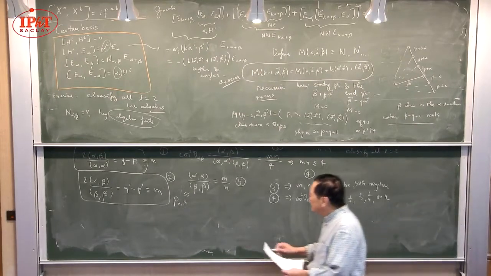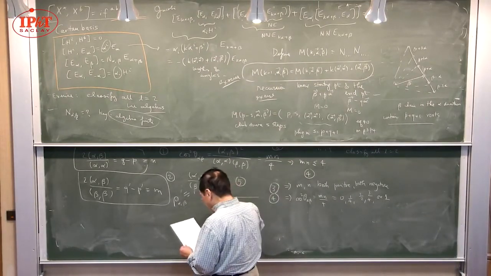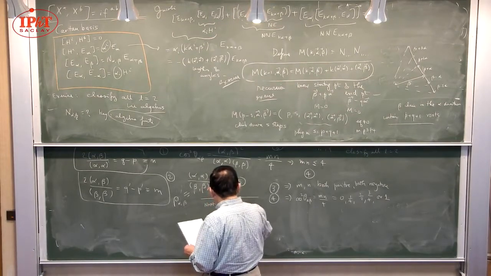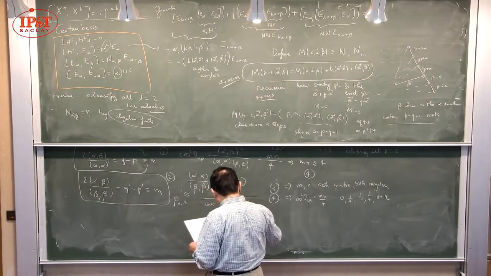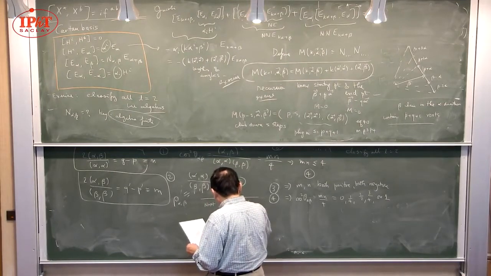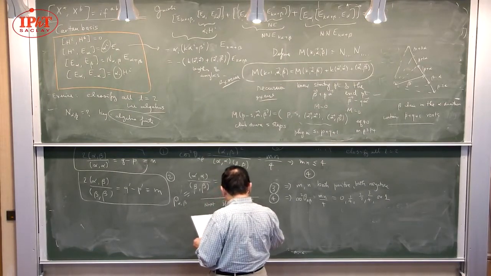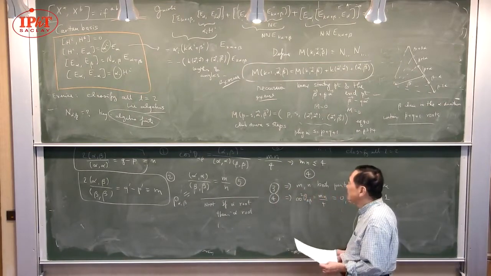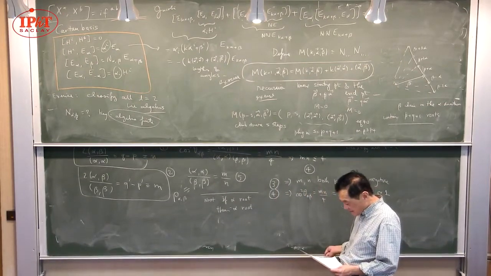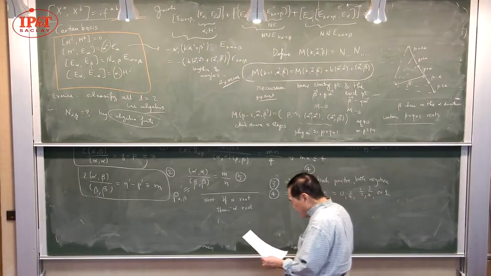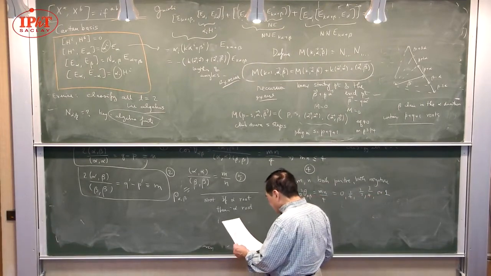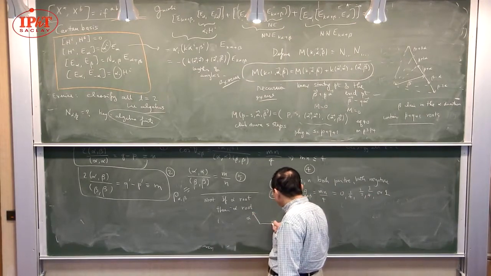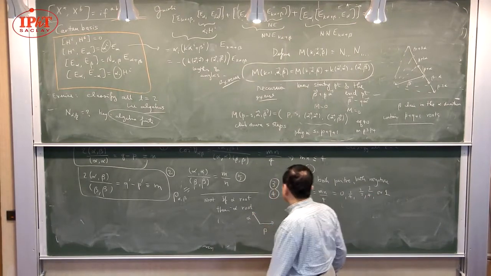Okay, now next we're going to use another important fact. If alpha is a root, then minus alpha is also a root. Well, this was trivial because the Hermitian conjugate of E alpha is E to the minus alpha. Okay? So that means that suppose alpha is like this and beta is like this.